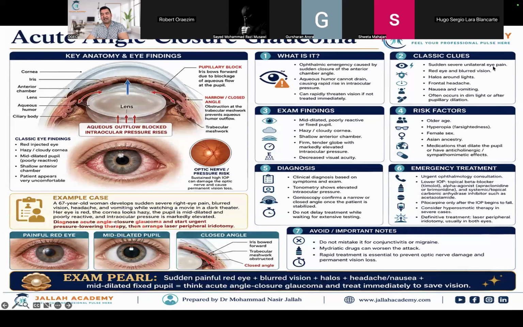Sudden severe unilateral eye pain, red eye, blurry vision, halo around lights is a very characteristic clinical finding. Frontal headache, nausea, vomiting, often occurs in dim light or after pupillary dilation. Usual risk factors: older age, hyperopia.